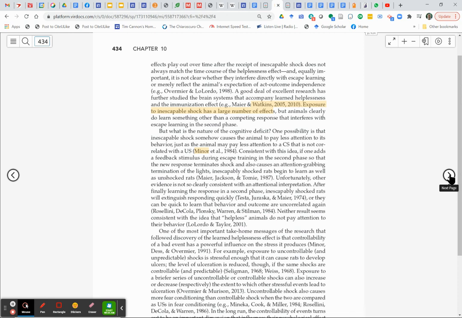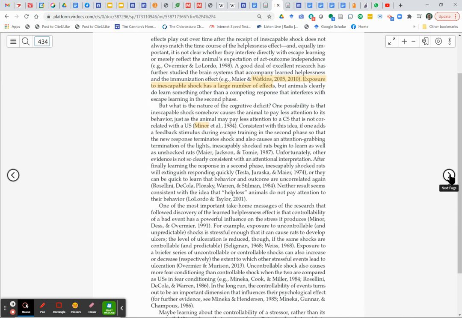Miner, I didn't look for that, but I used to play softball with him. Steve Mayer, Michael Fanselow came to UCLA. John Garcia was at UCLA. Miner came to UCLA, and we used to play softball every Friday.